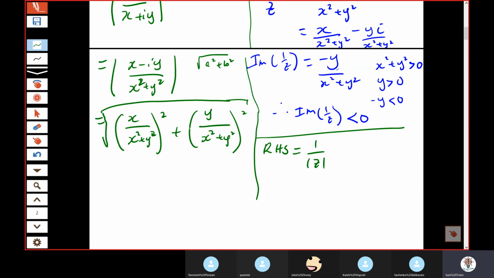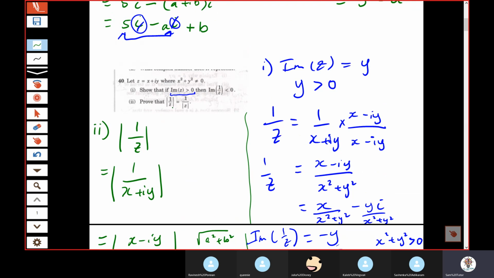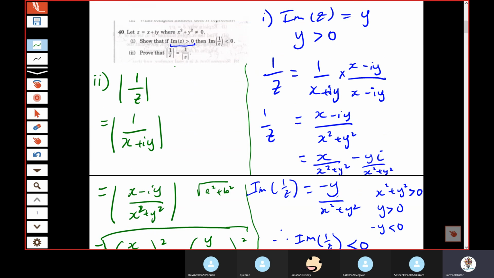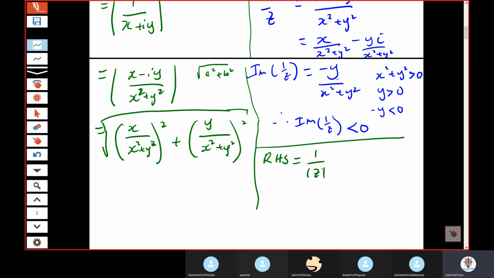You don't know where you want to get to with this. It wasn't a 'show the modulus of 1 on Z equals 10' question. If it was, then I would have continued. Because it's a left-hand side, right-hand side question, I don't know. Maybe if I just do my right-hand side, I can get to that and say I'm done. We understand my thinking process?